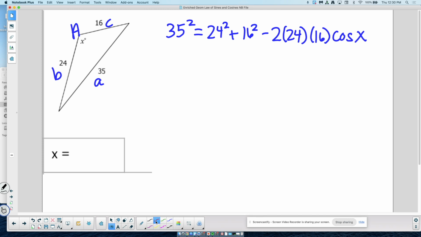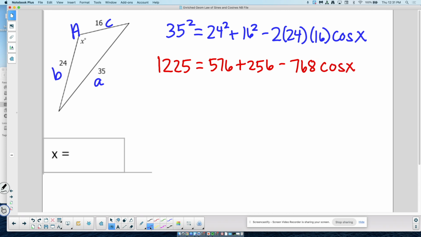Again, just go through the motions. 35 squared is 1,225. 24 squared, 576. 16 squared is 256. 2 times 24 times 16, 768 cosine of x.